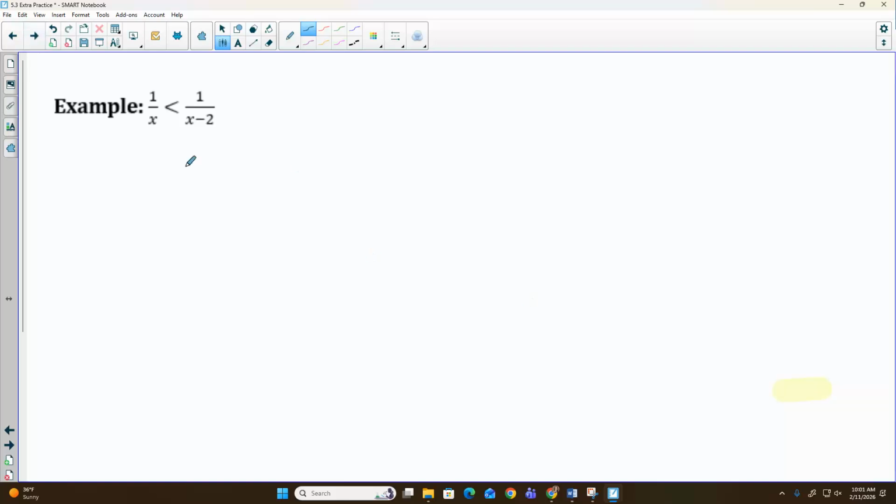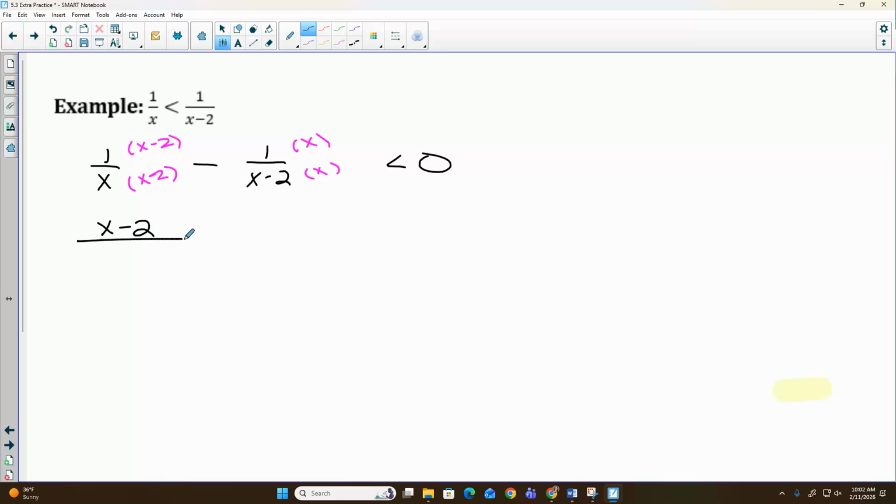Common denominator. So let's bring over the x minus 2. If I want a common denominator, what do I have to multiply the first one by? x minus 2. And the second one needs x. So (x minus 2) over x times (x minus 2), minus x over x times (x minus 2).